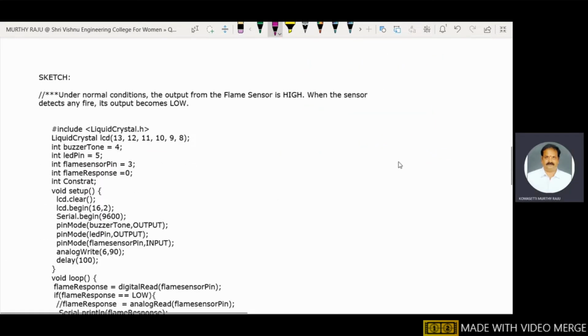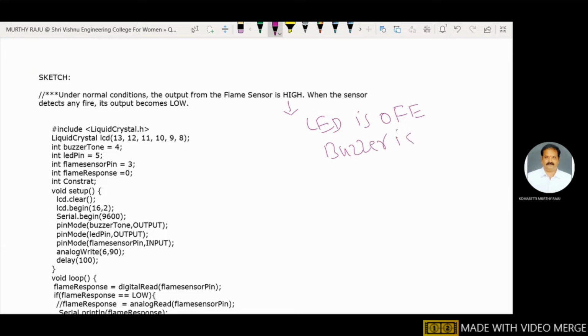Sketch. Important one is under normal condition, the output from the flame sensor is high. At that instant, the LED is off, the buzzer is off under normal condition.